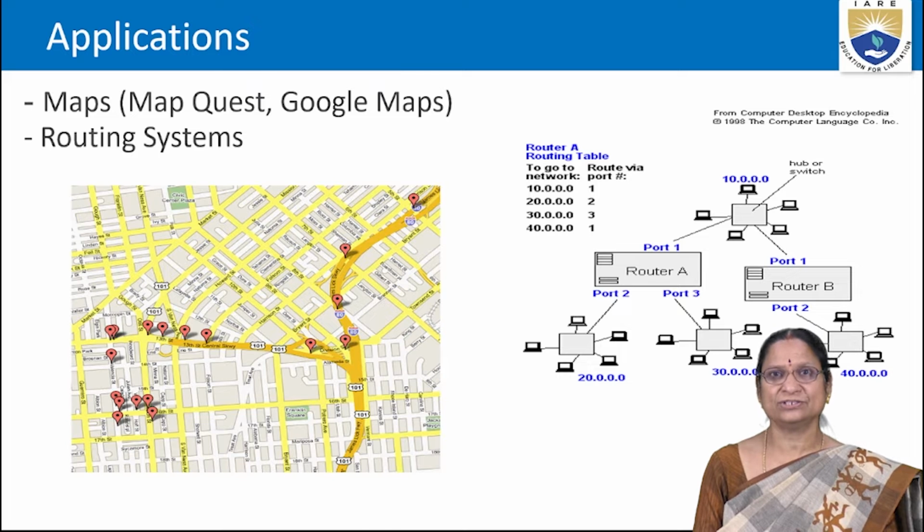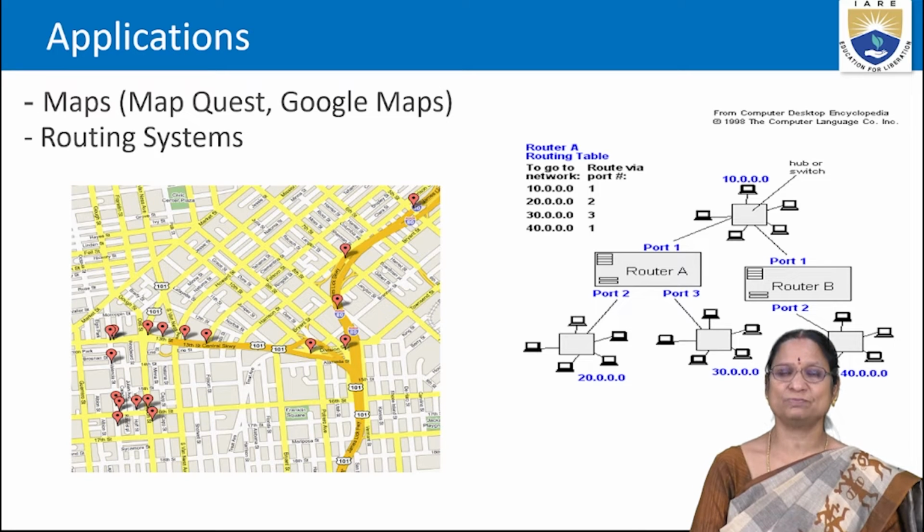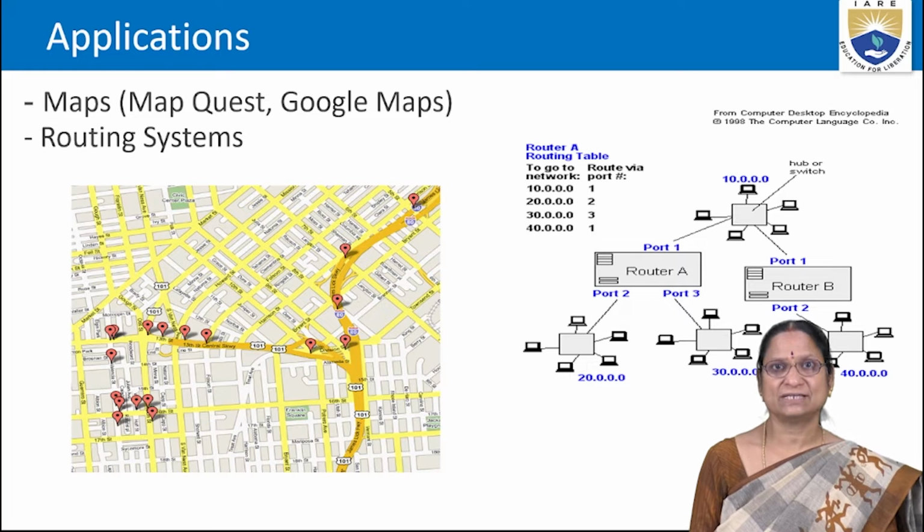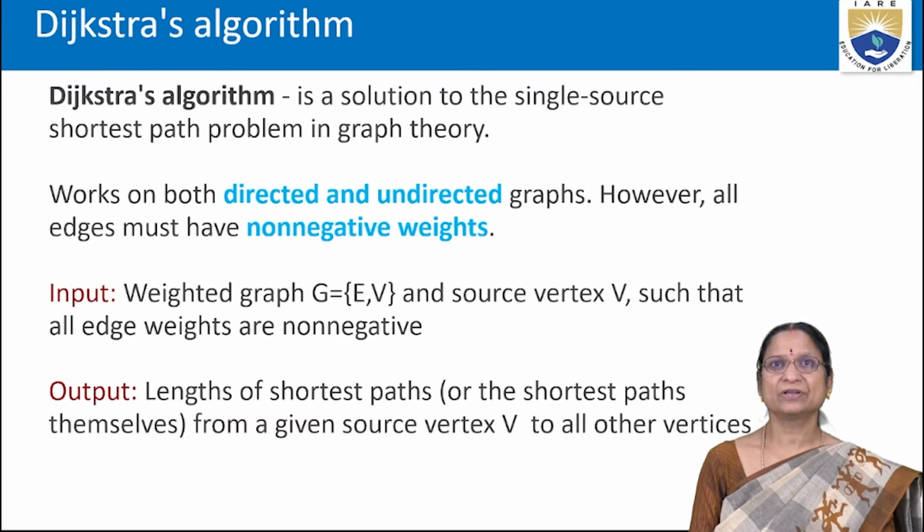Broadcasting is communication from one source to all other nodes. In such cases, this type of algorithm is very useful to us. That means each destination has to be reachable with the shortest time or shortest distance, etc.